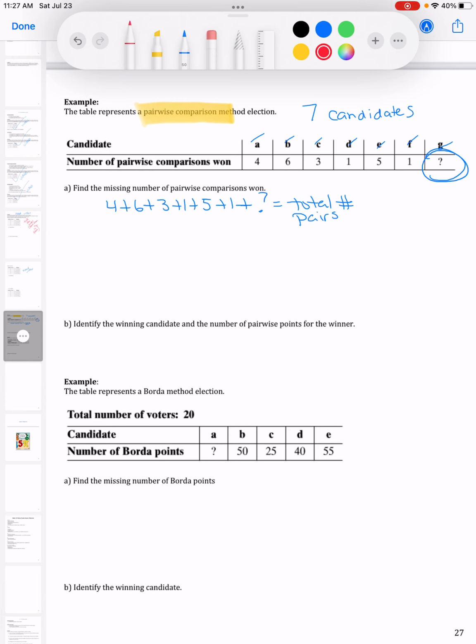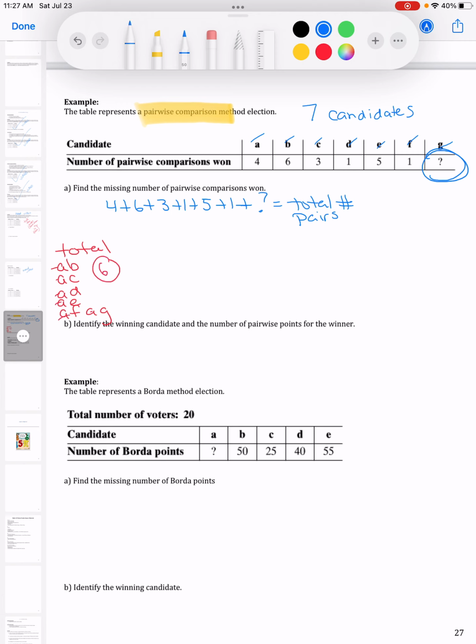Everybody is different. So to find the total number of pairs, I'm going to show you how the pattern works to start with, and then you won't have to do all this work every time. A is going to get paired with every one of these other candidates. So A got paired with 1, 2, 3, 4, 5, 6. So it got paired with 6 of them.